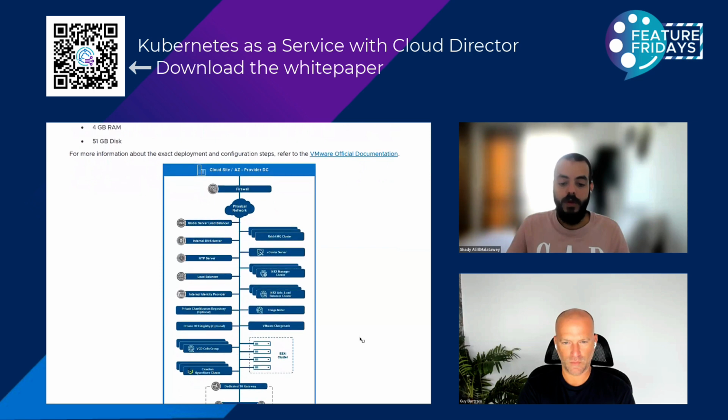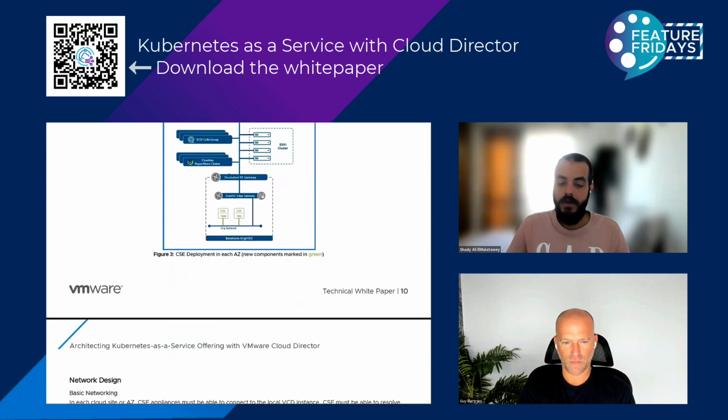And here, another diagram. It is pretty similar to the one before, but with additional green components. So I'm building up a story. This is your AZ, this is how it looks after you deploy CSE, and then we move forward with the other components as well.